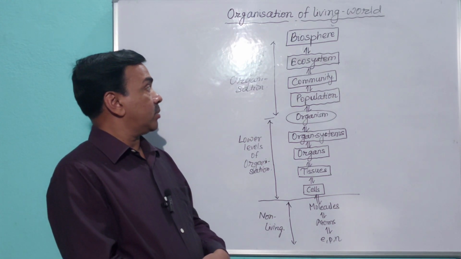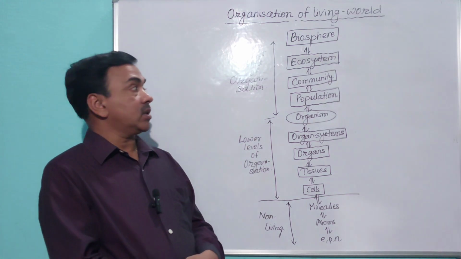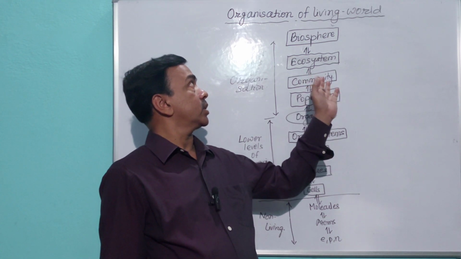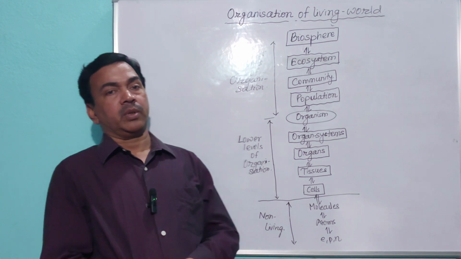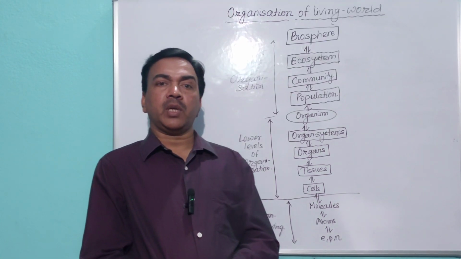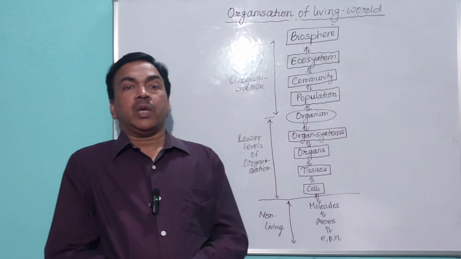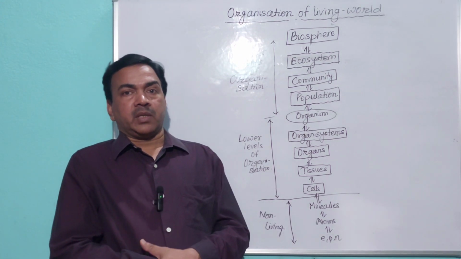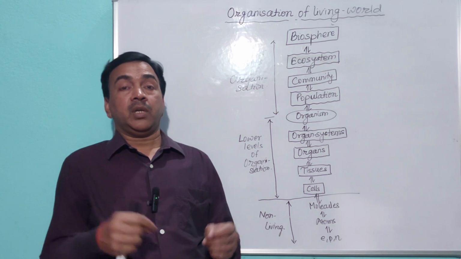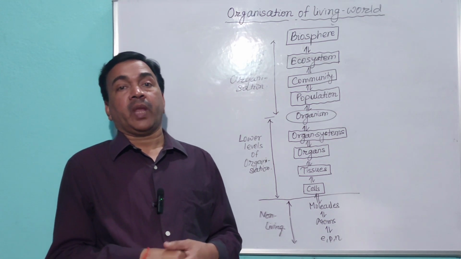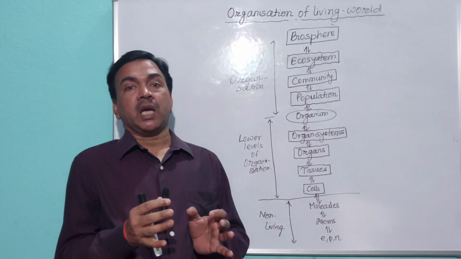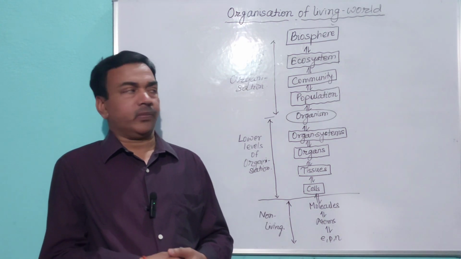What are higher levels of organization? Higher levels of organization are population, community, ecosystem, and biosphere. What is population? Population is a group of the same species interbreeding with each other and living in a particular area at a particular time.